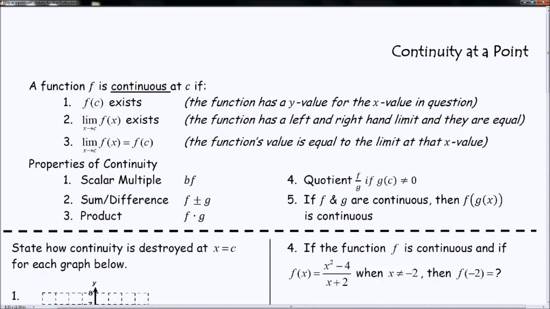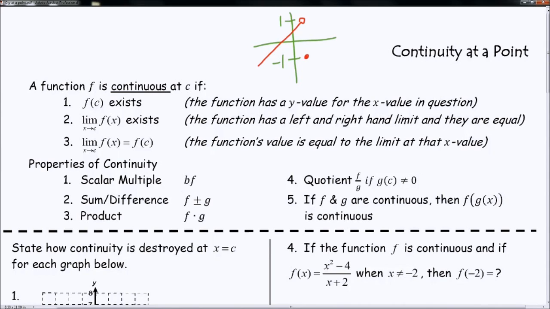Number two says the limit as x approaches c of f of x exists, and essentially we've been talking about this for the past couple days. We have a left and a right limit, and that left and right limit is actually equal to the same value. So here's an example where that fails to be true. Let's say this is 1, and this is -1.